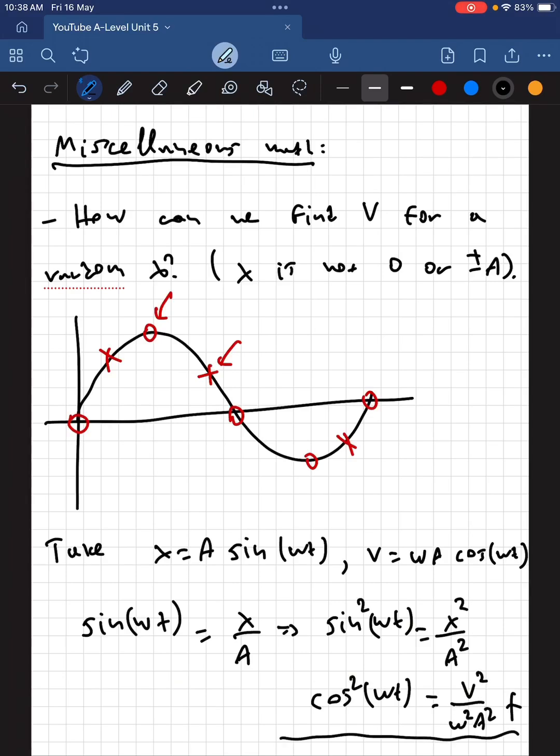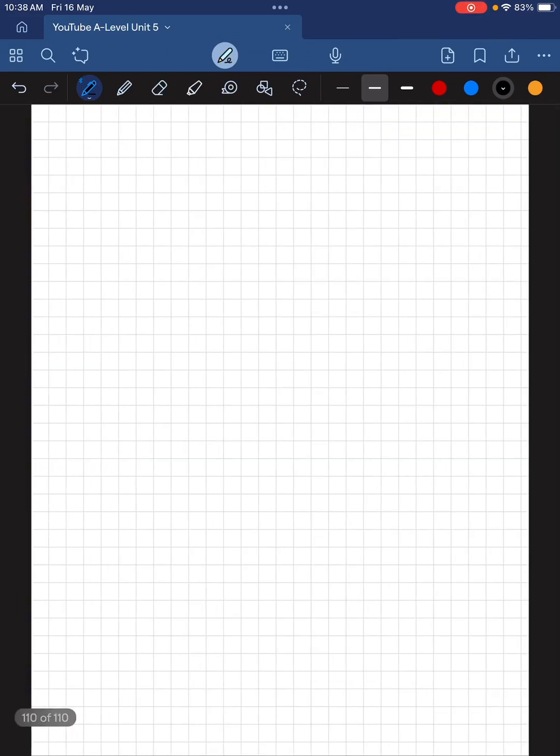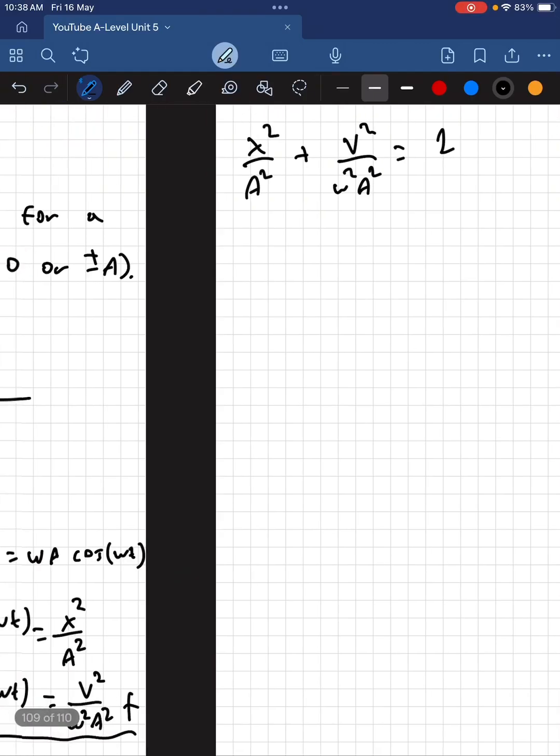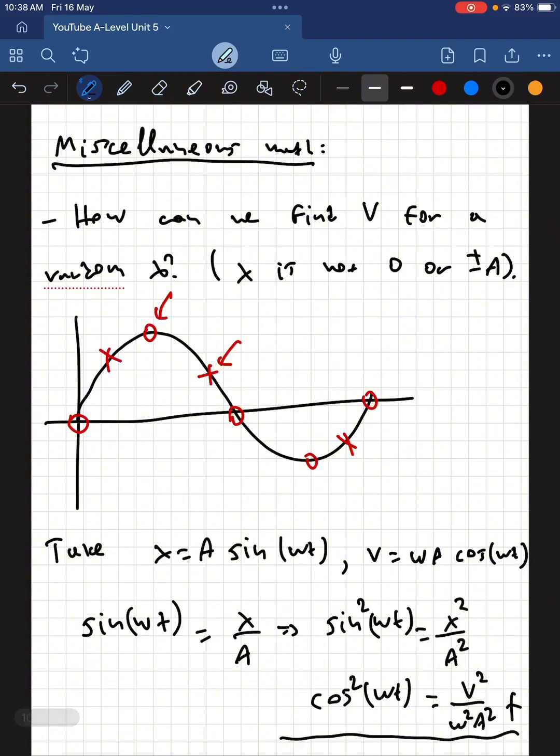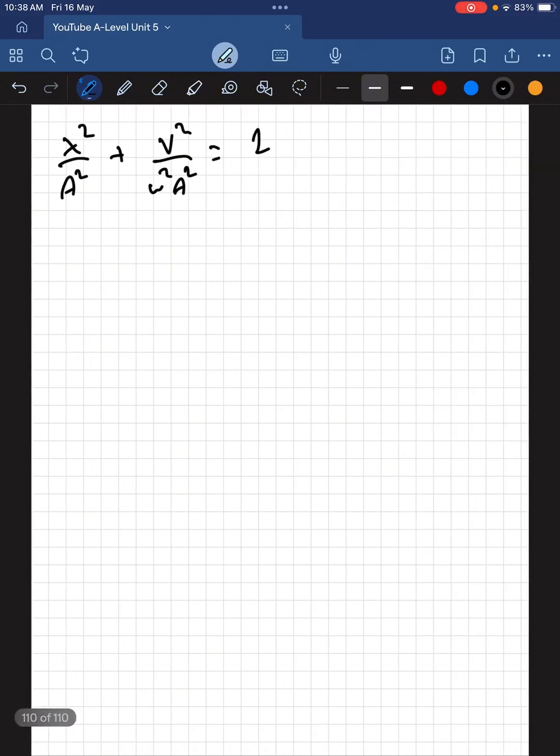Okay, so if we add these two, we find x squared over a squared plus v squared over omega squared a squared is 1, because sine squared plus cos squared is 1, and the same goes for any other sine and cosine function. So I'm trying to say sine squared omega t plus cos squared omega t is 1.